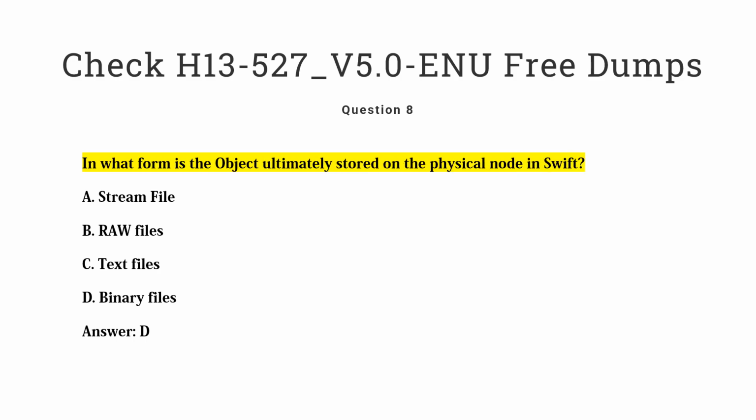8. In what form is the object ultimately stored on the physical node in Swift? A. Stream file. B. Raw files. C. Text files. D. Binary files. Answer: D. 9.